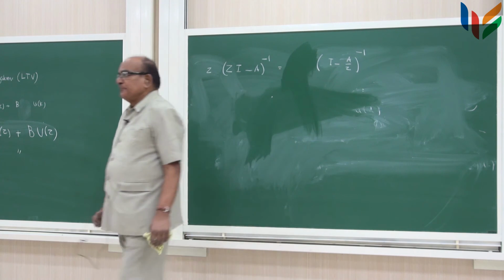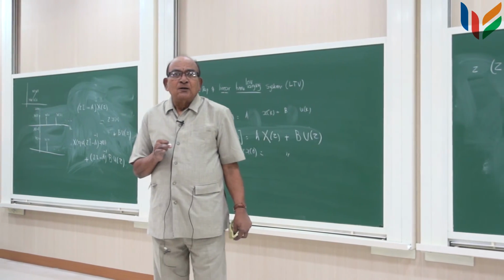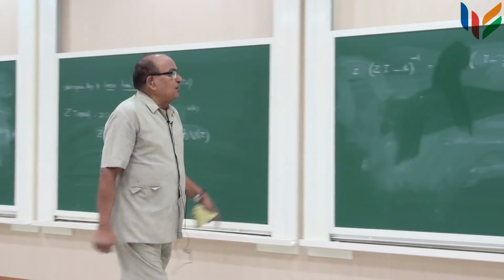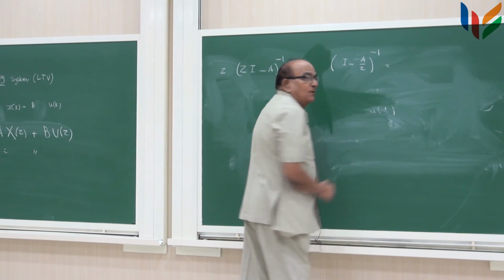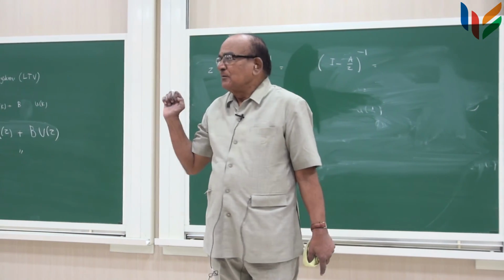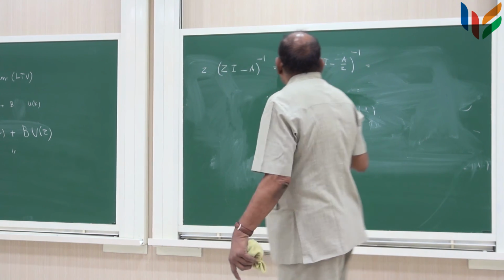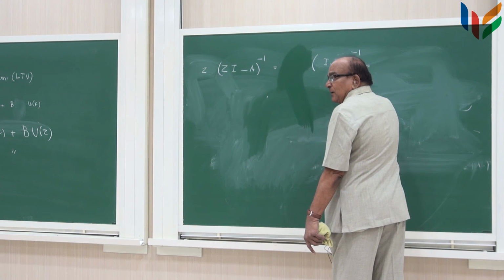Okay. If you remember, this matrix inversion, we can use exactly the same formula as we have for the inverse of 1 by 1 plus x. So this is 1 by something, 1 by 1 minus something.